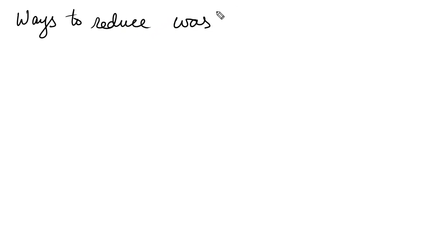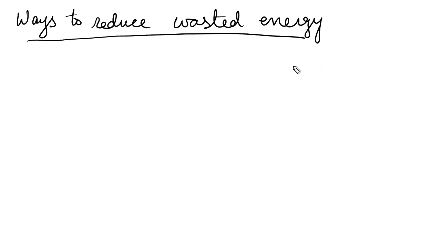Now, as I told you, the wasted energy is in the form of thermal energy and sound energy, but in most cases it is thermal energy. So let's suppose within the engine of the car, the parts rub against each other. There's friction within the engine. If there is not proper lubrication within the parts of the engine, so much energy will be wasted in the form of thermal energy that it will wear out the engine of the car.